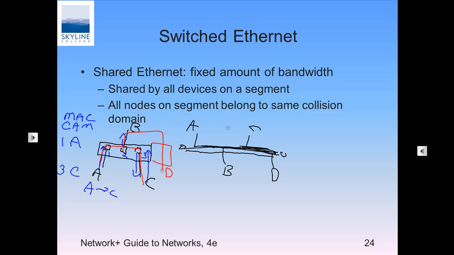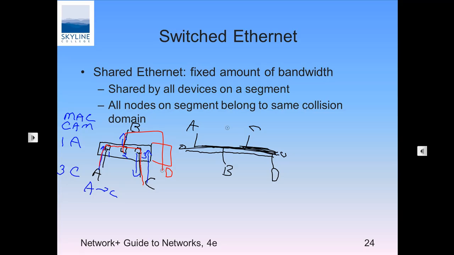It doesn't see the B to D traffic because that's a dedicated connection. It only sees the traffic to it and broadcast traffic. Broadcast traffic is traffic that goes to everybody, so it goes out all the ports.